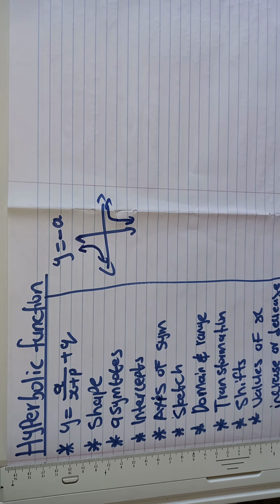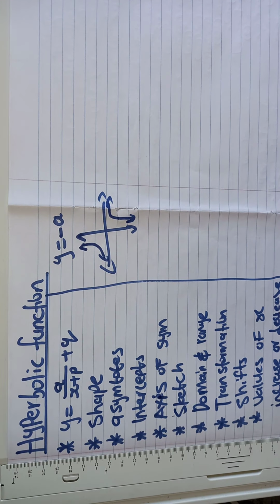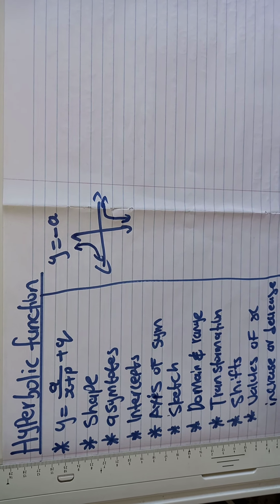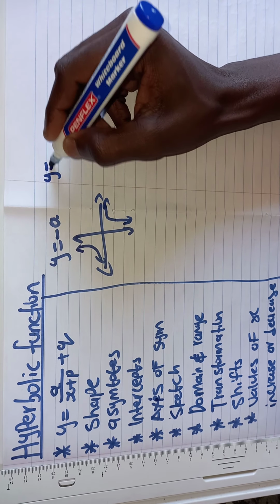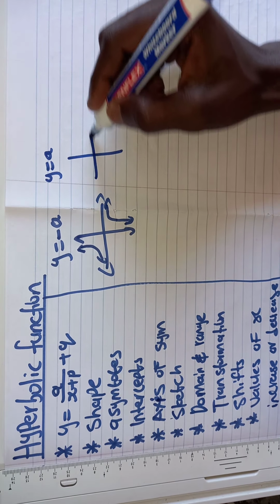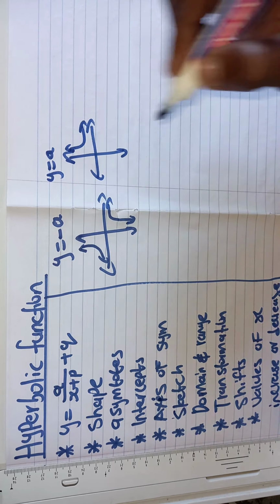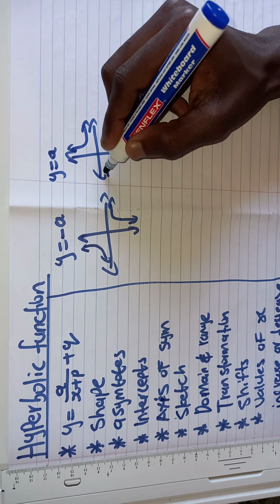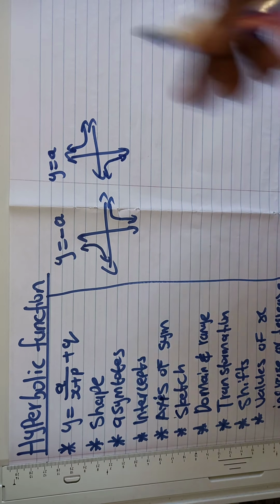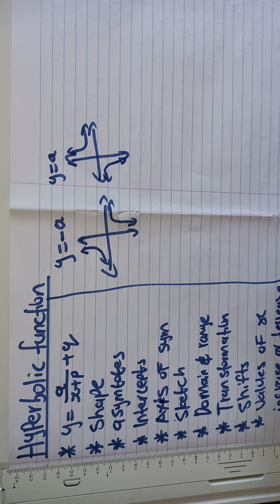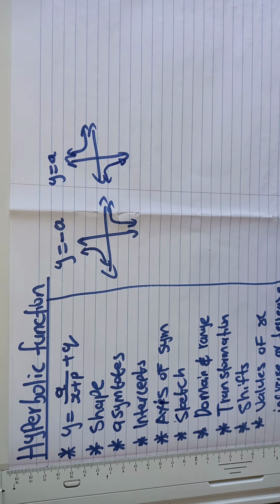Some of them know it as a second quadrant and a fourth quadrant, which is still correct. So if we are given a as a positive value, we're gonna have our graph on the first quadrant and the third quadrant, which is top right and bottom left.